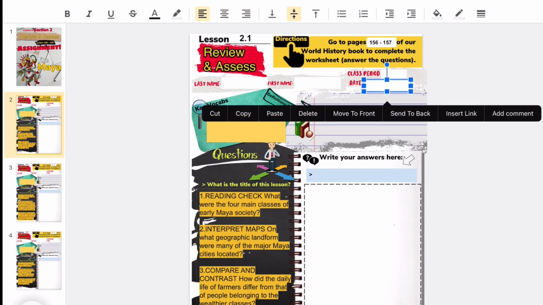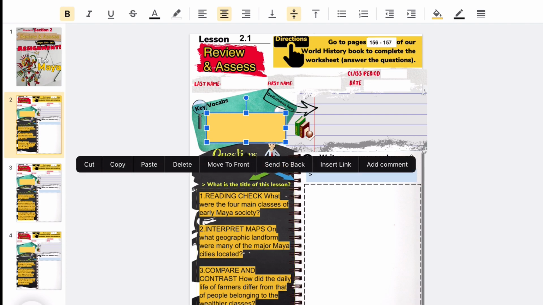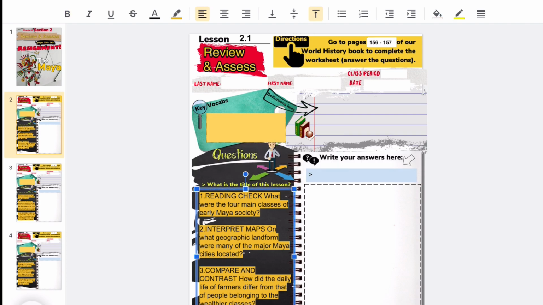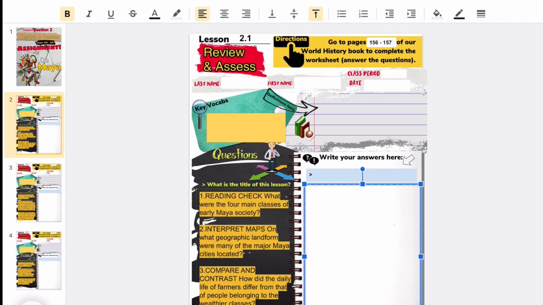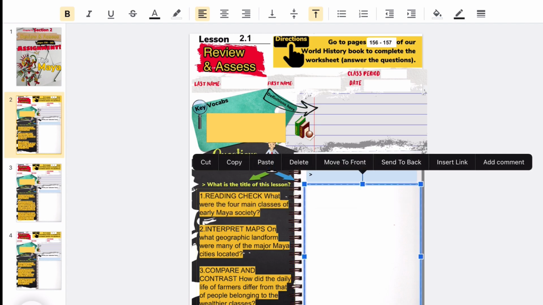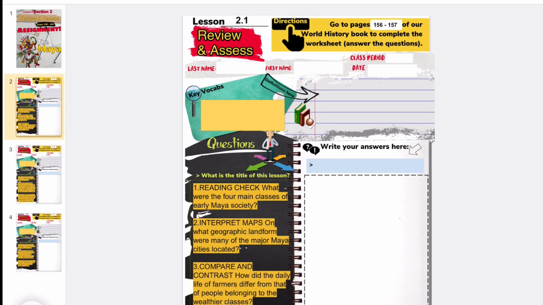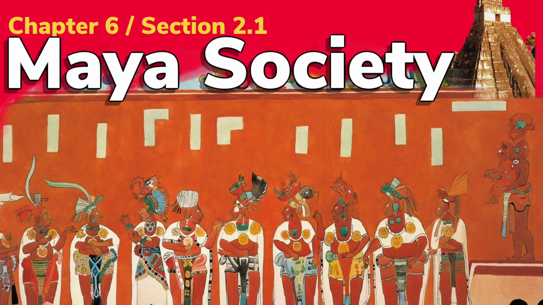And if you're aiming, and I hope you will, for the full credit, correct answers using your own words in complete sentences. So those are the 3 things that you need to do in order to get the full credit for this assignment. And that is Section 2.1, our first lesson, the Maya society.